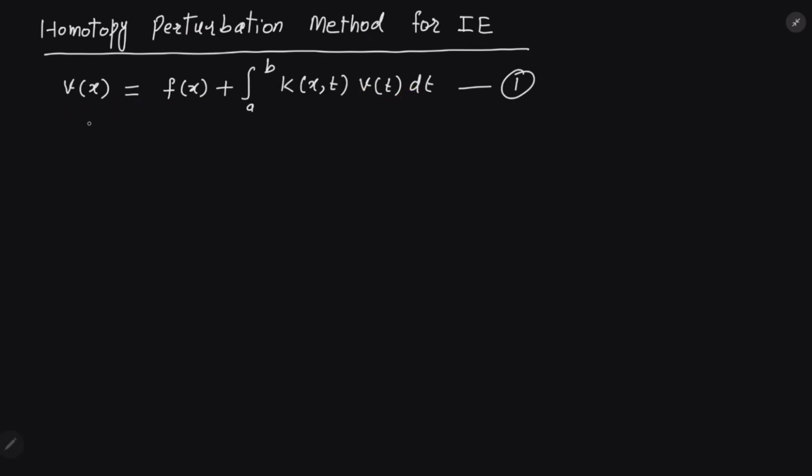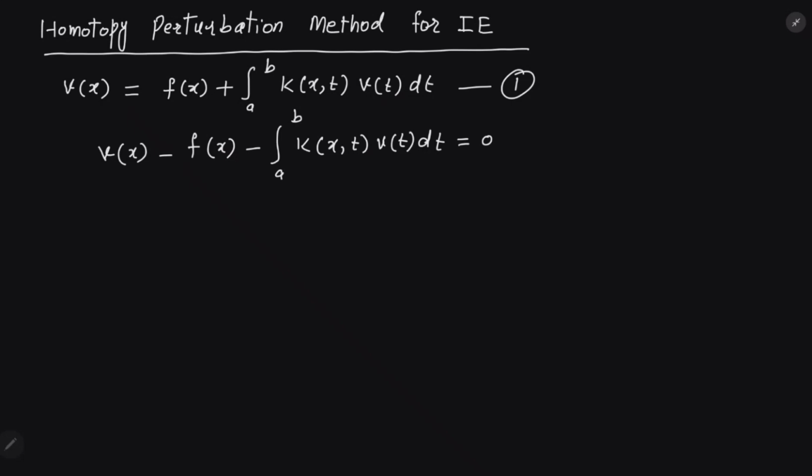Now let us define the linear operator, since in the homotopy perturbation method we first need to define the linear operator. For the linear operator, we write this integral equation in the following form: v(x) minus ∫ from a to b of k(x,t) v(t) dt is equal to 0.